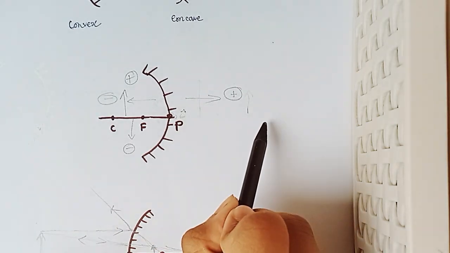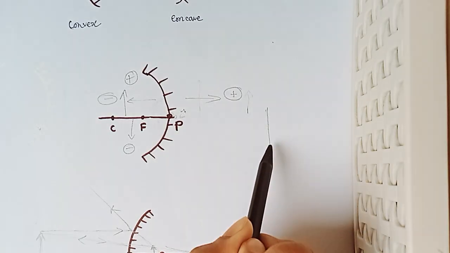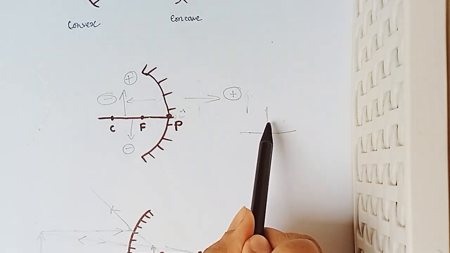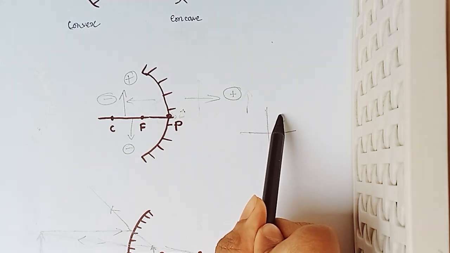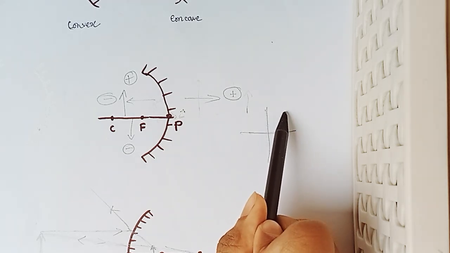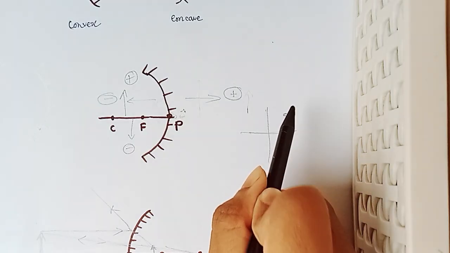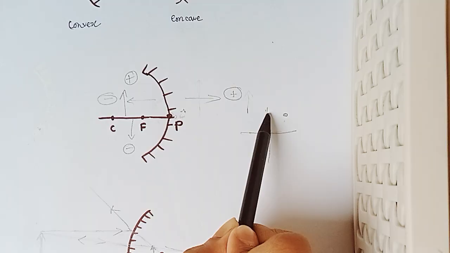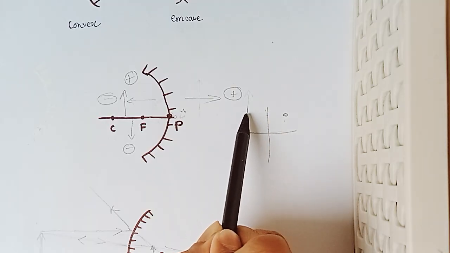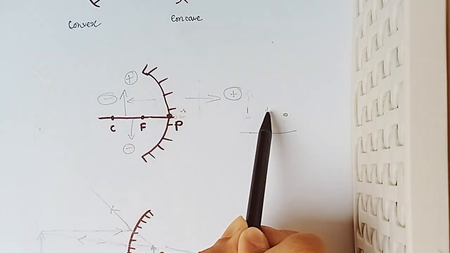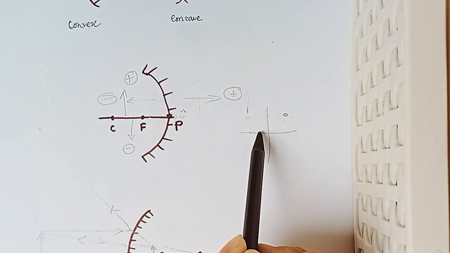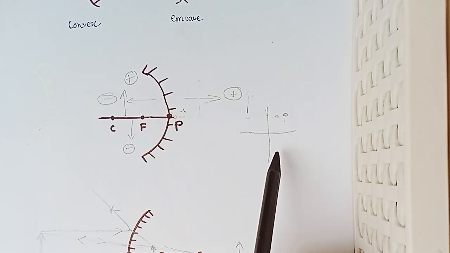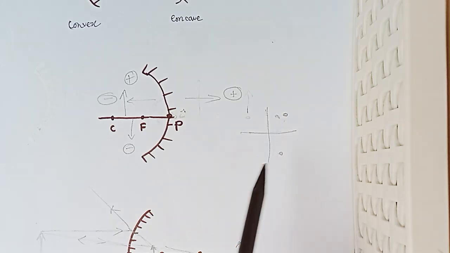Or if you take a graph like this, there are 4 quadrants of a graph. So suppose an object is over here, that is the right side, then it is positive. See, right side, positive. And if the object is to the left side over here, it is negative. And if the object is above the x-axis, then it is positive. Below the x-axis, then negative.